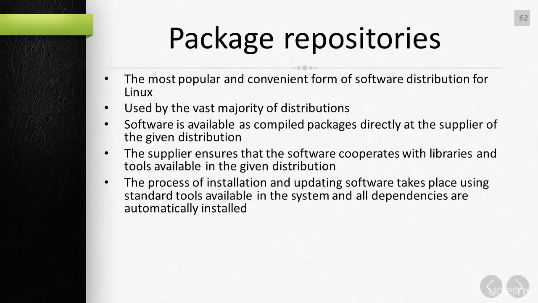In some distributions, such as Debian, the reverse operation is possible as well. When you wish to uninstall a program, you can automatically get rid of all the dependencies used exclusively by this program. This is very useful. Unfortunately, this functionality is only available in Debian and its derivatives.